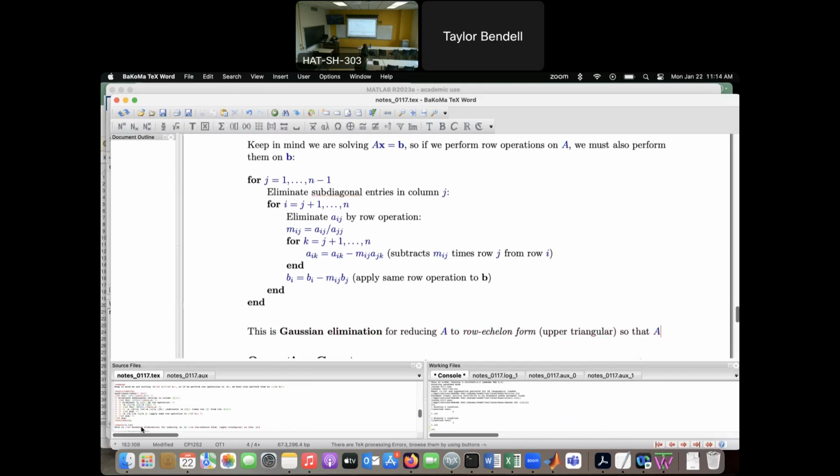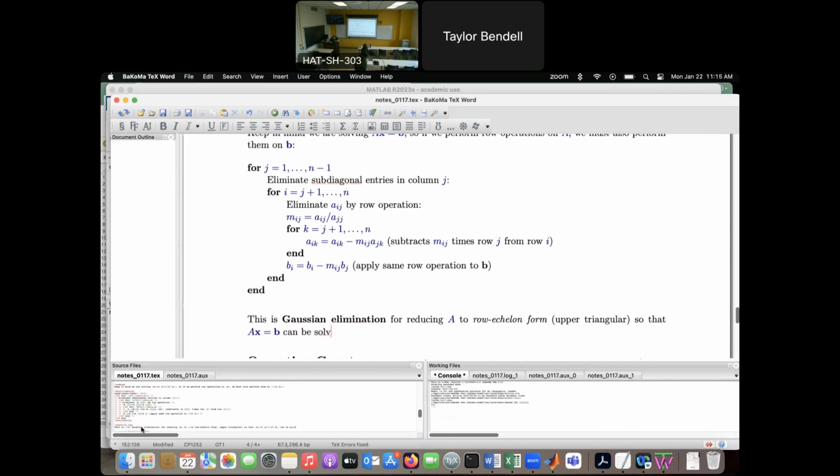So that this system, the original system, we saw by a process I described last time, back substitution, which you can apply to any upper triangular system. Okay.